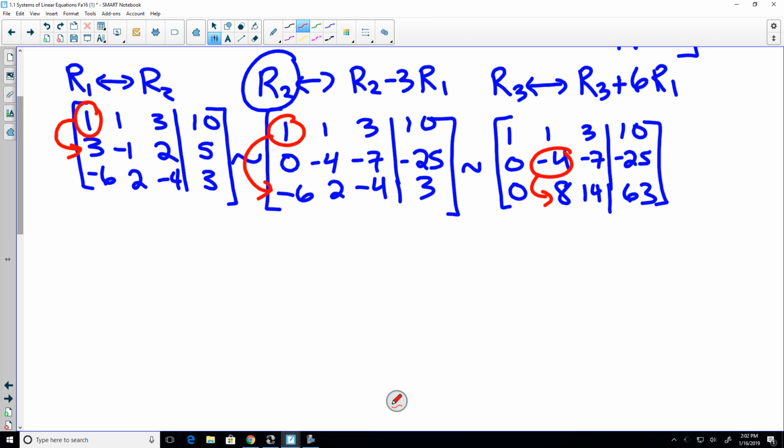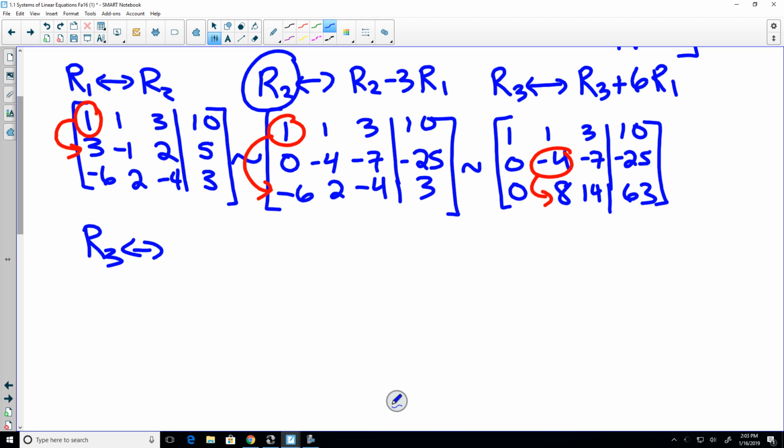So what he says, instead of using the algorithm and keep going, let's just multiply one row by 2 and add it to the other one, and it'll 0 out the row. So let's try it. If we replace row 3, we're going to use the fact that 8 is a multiple of negative 4, right?